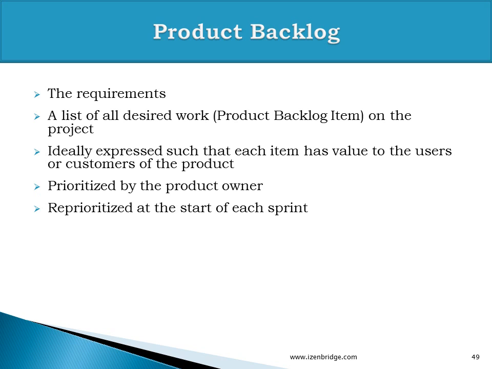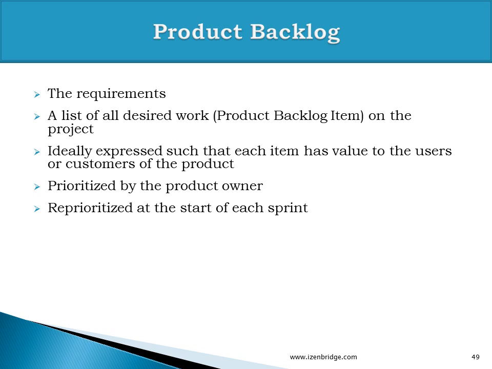Now it should be expressed in a way which adds value to the end user or the customer, because as per the Scrum Agile values, we manage things from customer or business value oriented outputs.